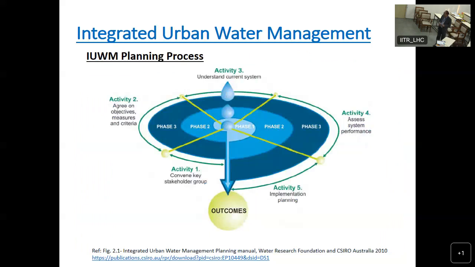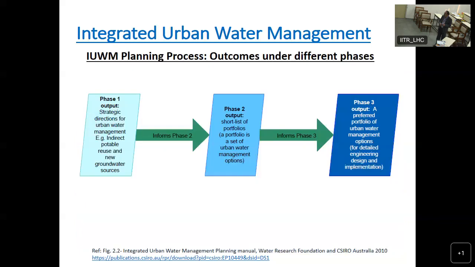In the first phase, what we are going to do is strategic decisions for urban water management, i.e. indirect potable applications and new groundwater resources applications. So basically we decide what type of water resources we are going to use in the first phase, the basic thinking. That information is transferred to the second phase, to the same group that is working on it in their planning process.